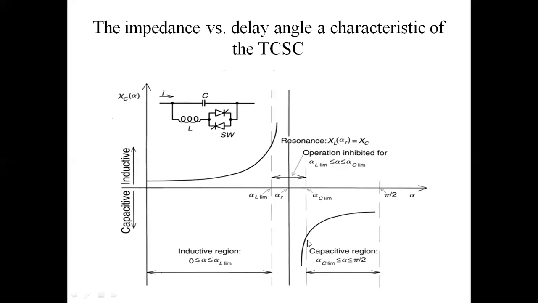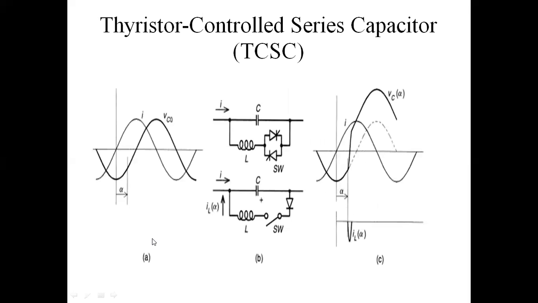When we decrease alpha value, the graph decreases like this, increasing on the negative side. When we increase alpha value, the inductive impedance increases from 0 like this. These two regions are the inductive region. This is the capacitive region. The inductive impedance increases like this. The capacitive impedance increases on this negative side.